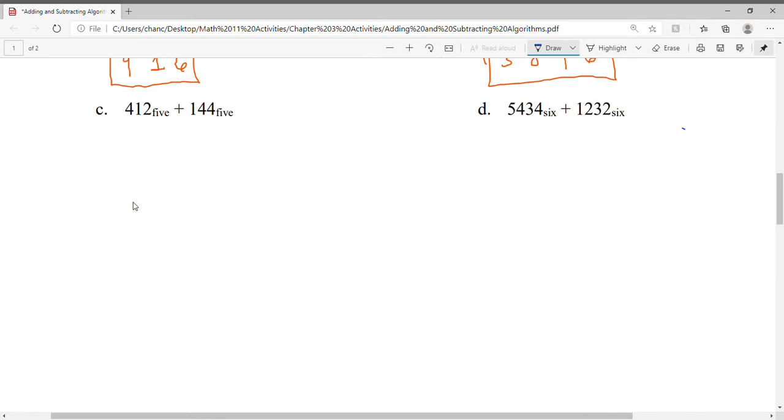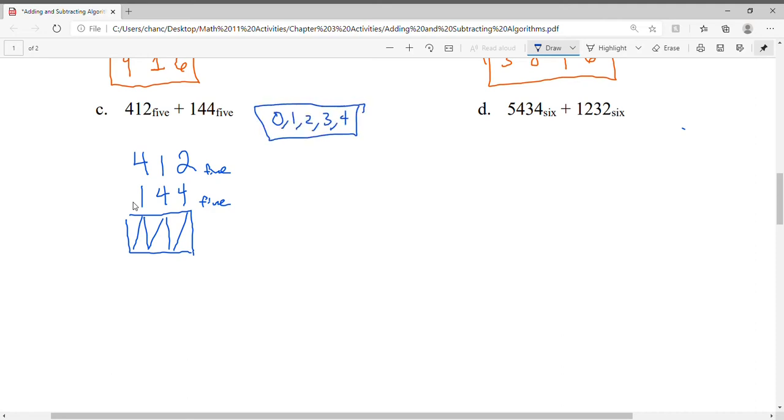For part C, we're base 5 now, so we have to be extra careful. We'll stack it just like before, and let's make our rectangle and our diagonals. Now remember, we're base 5, so we have 0, 1, 2, 3, 4 are the only acceptable symbols. 2 plus 4 is 6.